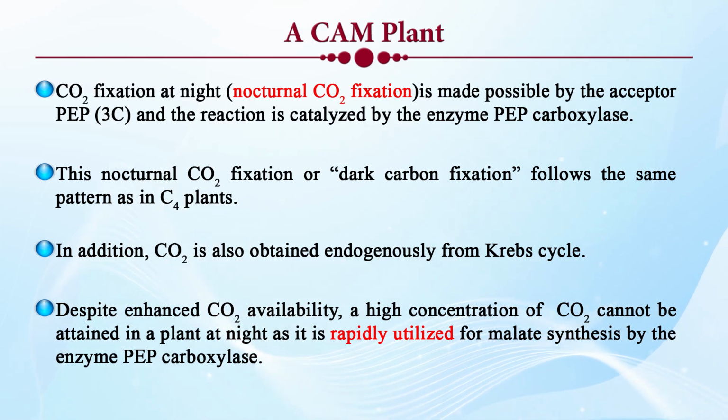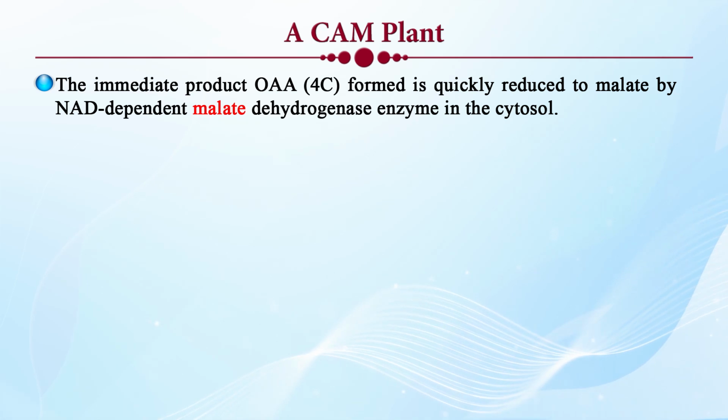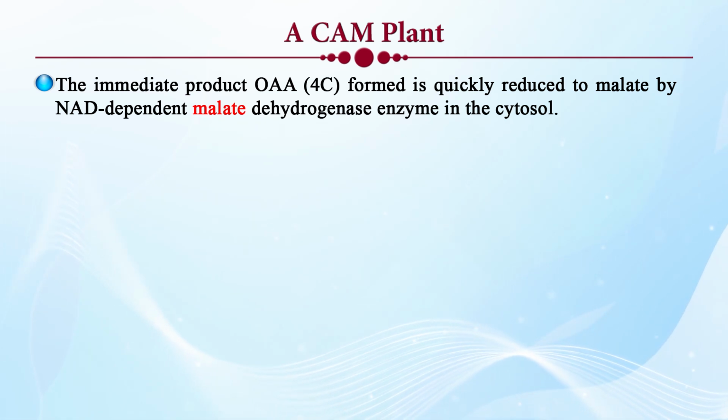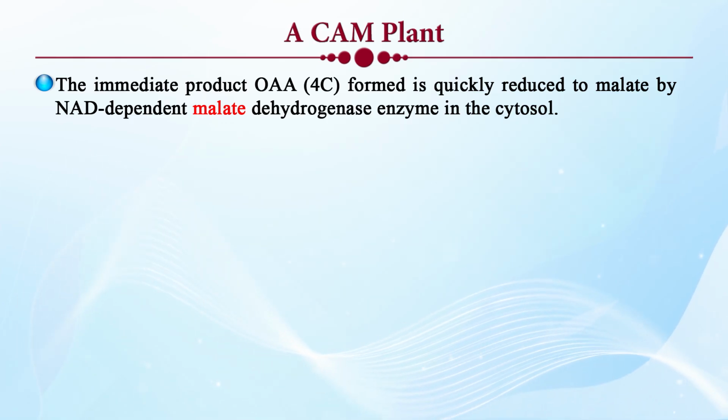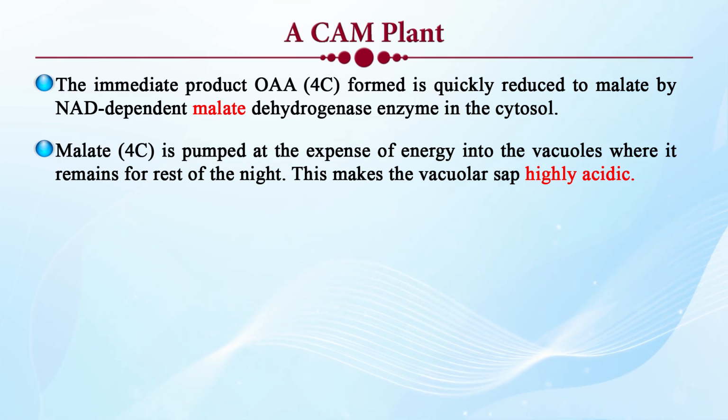You remember, learners, that PEP carboxylase is many, many times more efficient than rubisco. So, the immediate product OAA is formed, it forms malate, and malate goes on accumulating. There is a pumping of malate at the expense of energy into the vacuoles.